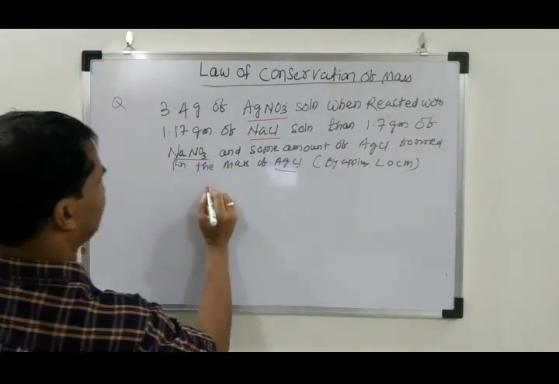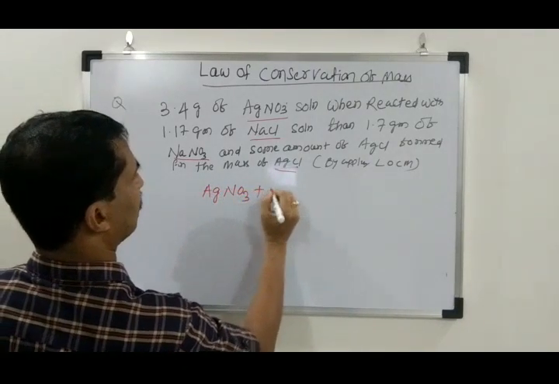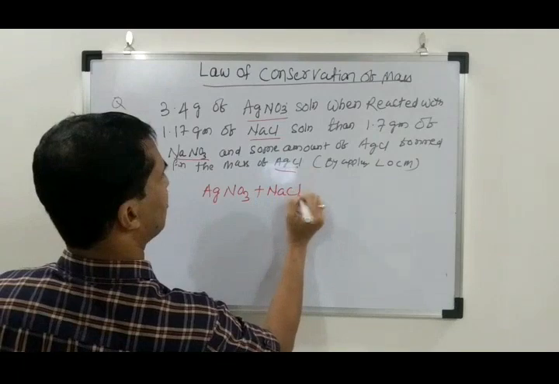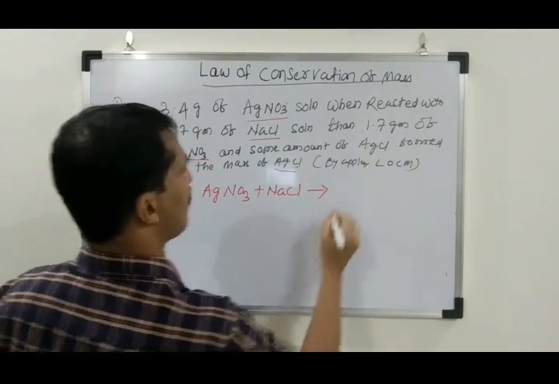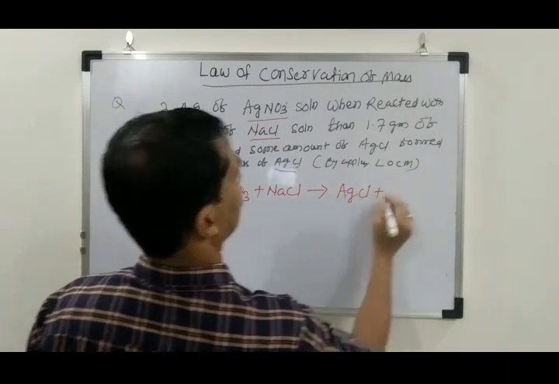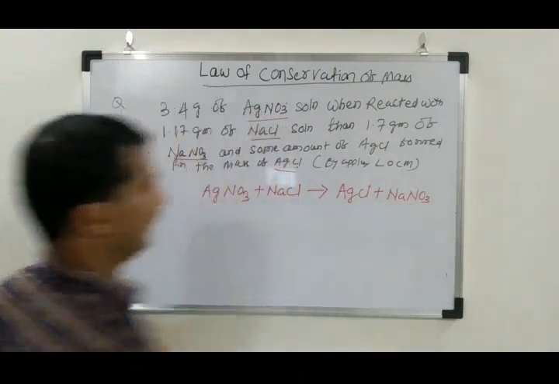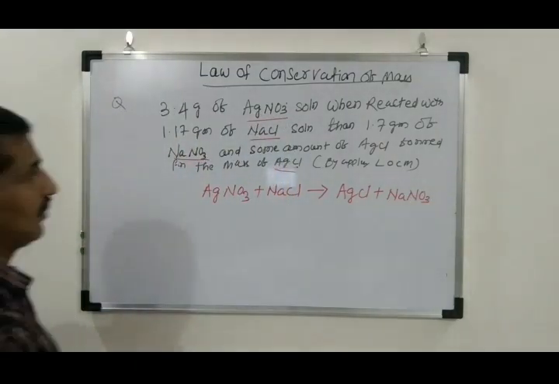Okay. Now let us say AgNO3 plus sodium chloride. I am writing the reaction. It forms AgCl, silver chloride, plus sodium nitrate, NaNO3.